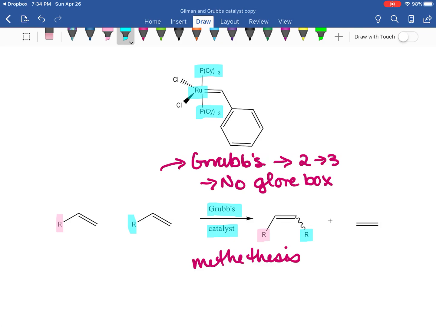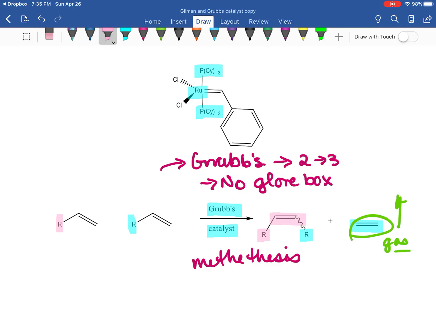Ruthenium is doing a nice insertion and addition, those oxidative additions or insertions of those alkenes, and then it is rearranging and doing a reductive elimination of alkenes. But what happens is Le Chatelier's principle: when it reductively eliminates this partner, which is ethylene, it is a gas, and this leaves your reaction mixture.